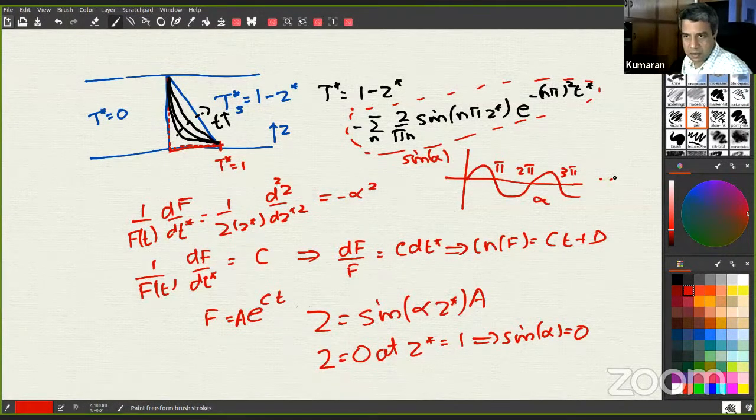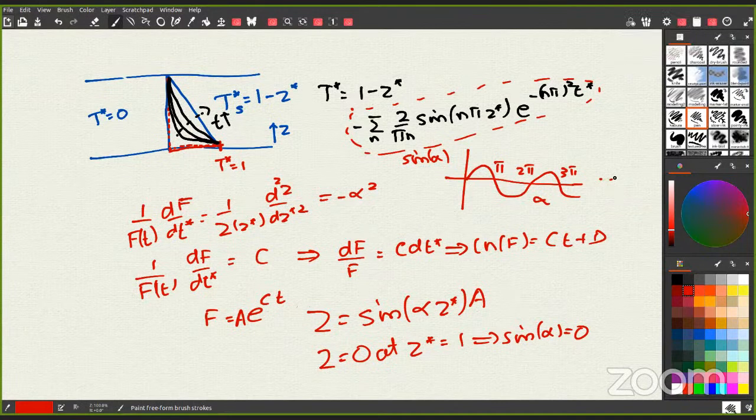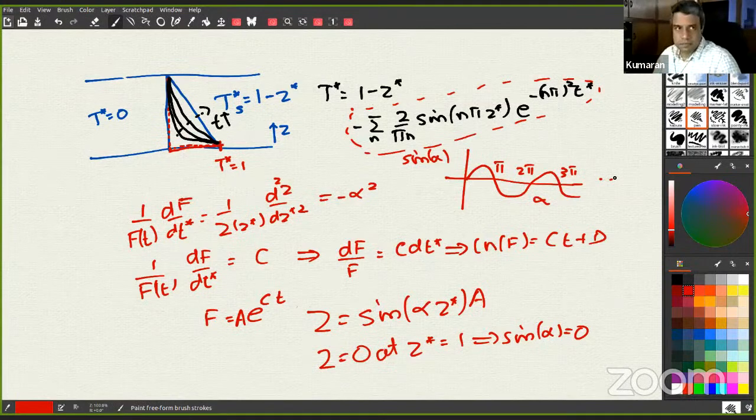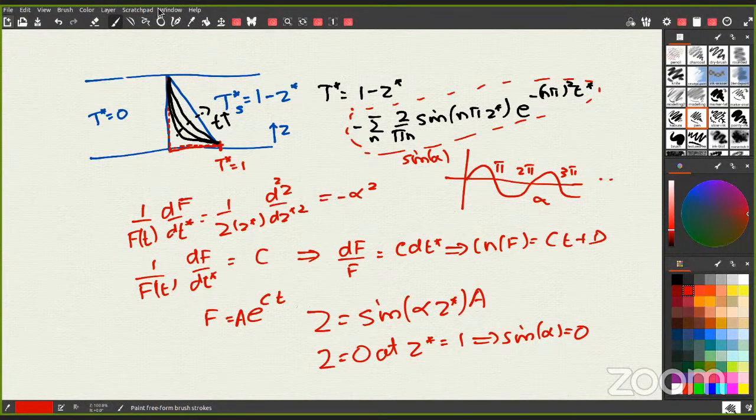That's why we used alpha equals n pi, and then we solved. Yes, sir. Got it, sir. My doubt was cleared.